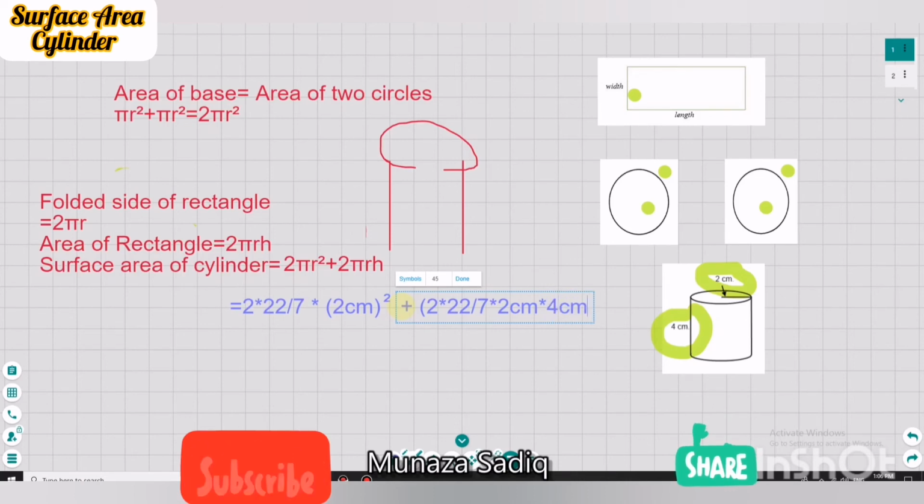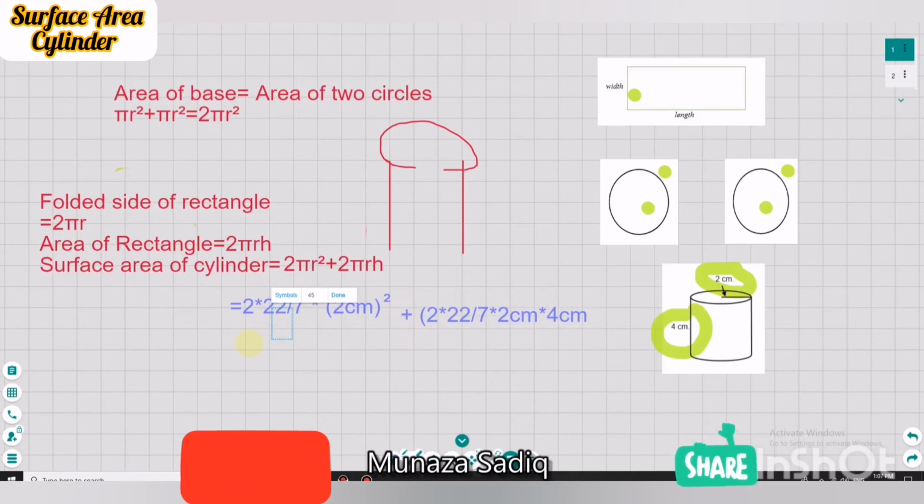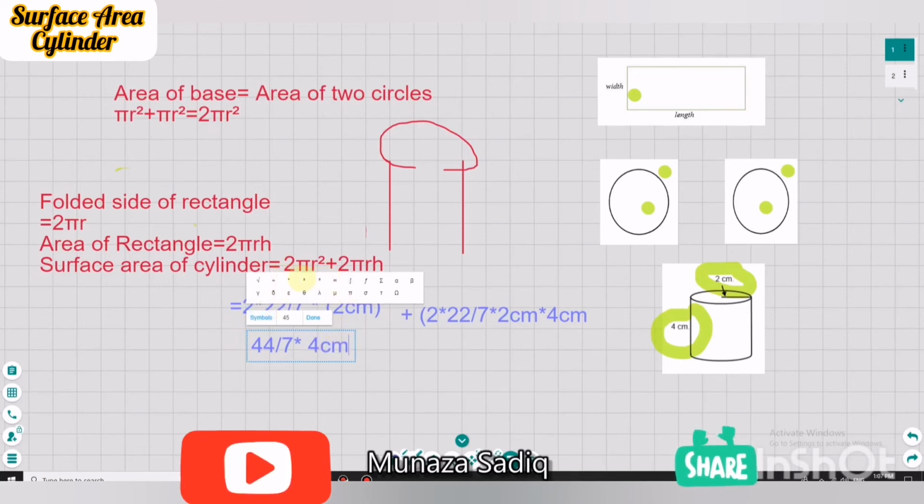This is the way to substitute values in the question. First you will solve this one. 2 multiplied by 22 is 44 divided by 7, and then multiplication sign 4 centimeter, square centimeter. Be careful with units, I am telling you again and again, and then plus sign.